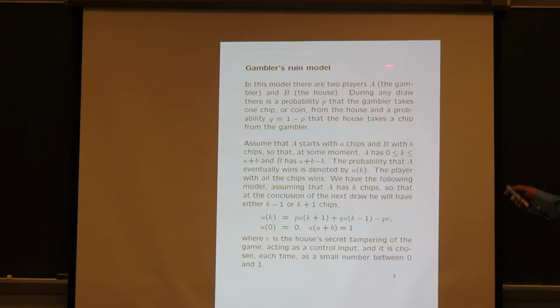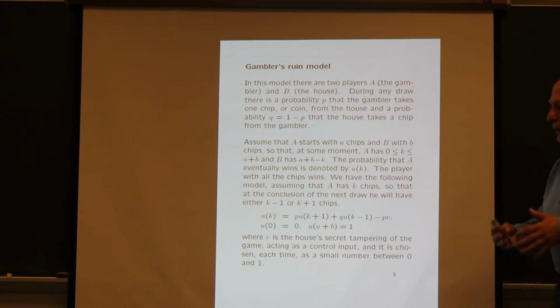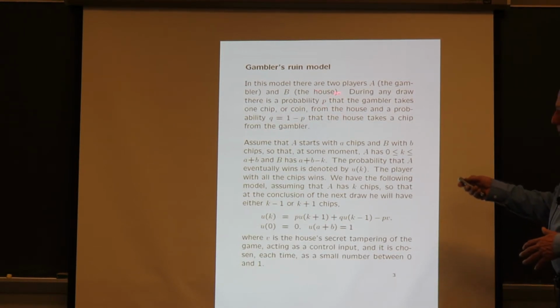You have two players, the gambler and the house, for instance, and during any draw of the game that they're playing, there's a probability q that the gambler takes one win, and in this case it will be represented by taking one chip or a coin or a bill from the house, and a probability 1 minus q that the house takes the chip. So it's two players really, the gambler and the house. Each one has a probability, and these two probabilities are complementary in the sense that they're normalized. If you add q plus p, you would get 1.